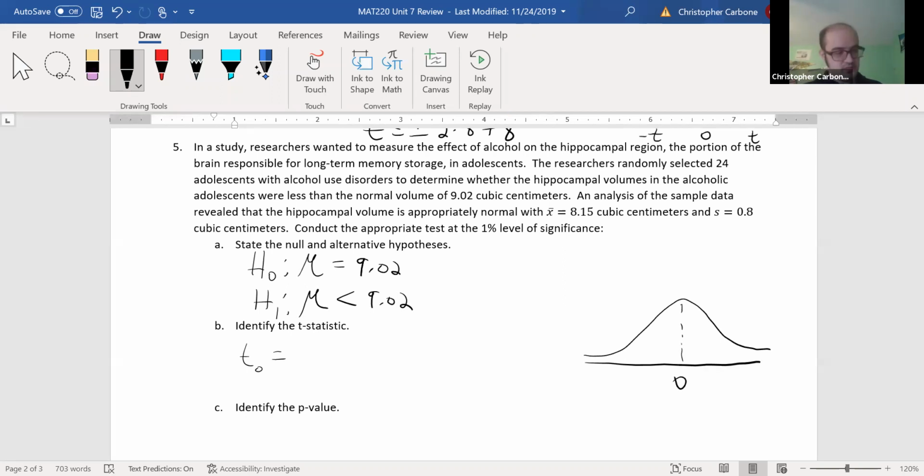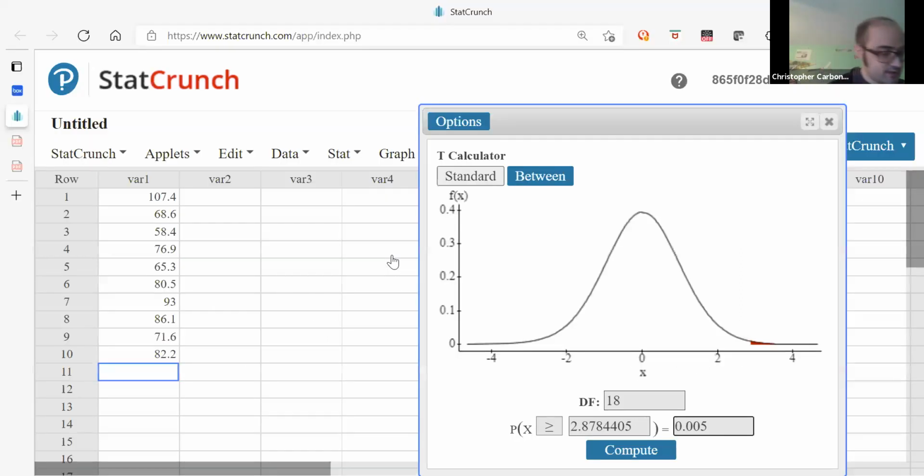Our critical region would be, since this is on the left-hand side, someplace down here, matching the 1% level of significance. So let us calculate that in StatCrunch.